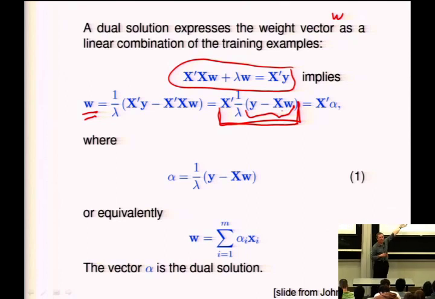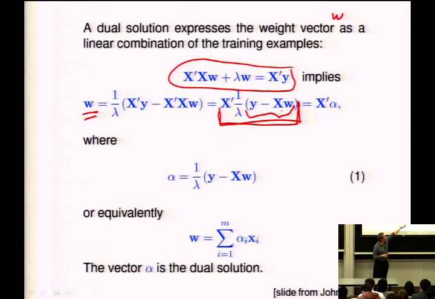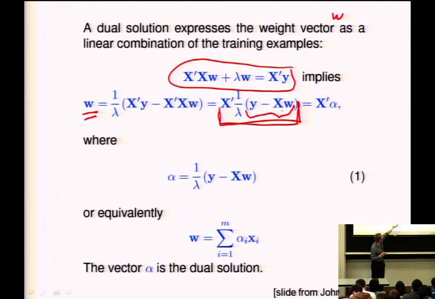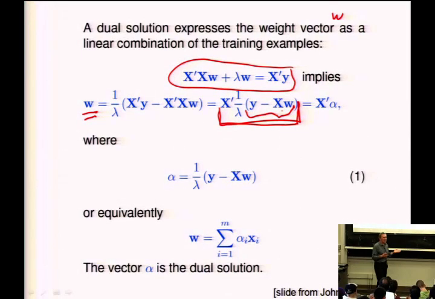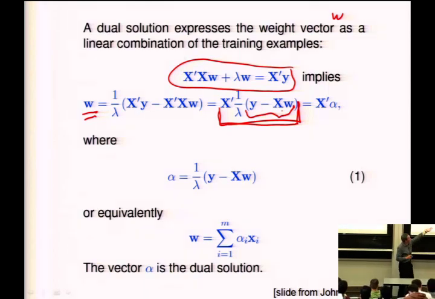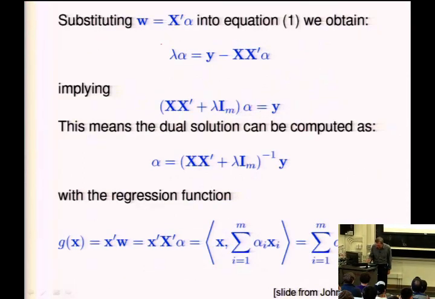So this is actually the derivation of the proof that indeed W is a linear combination of the training examples. And he's using subscript instead of my standard superscript for talking about the ith training example. So this is a more formal derivation of the fact that W does live in the space spanned by the training examples by showing that we can express W this way. And as a side effect, we get the solution by then substituting this thing back in.